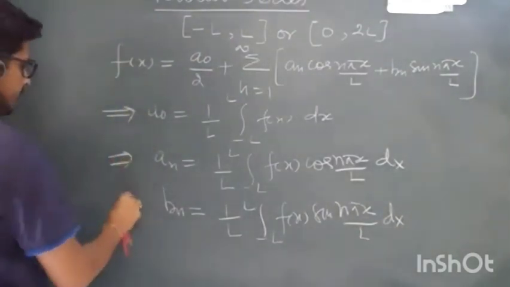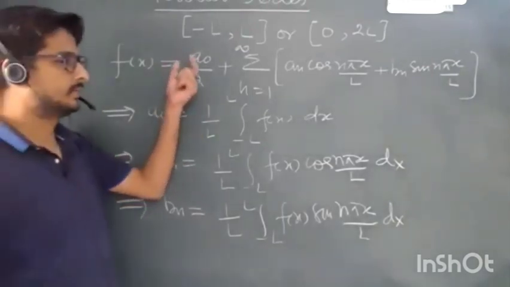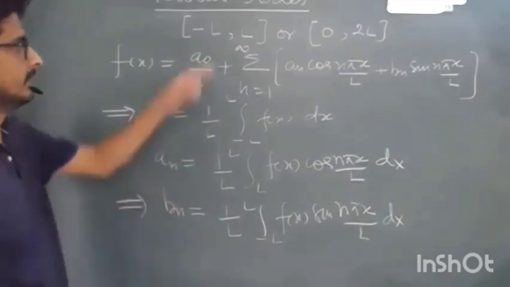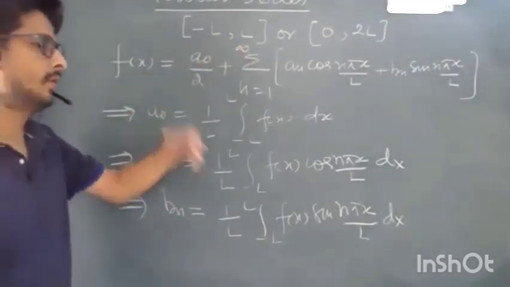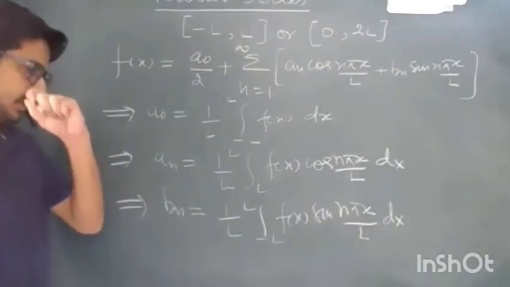Check this. If you put L is equal to pi, this will become minus pi to pi and your old formulas will be recovered. You can see by putting L is equal to pi, your old formulas are recovered. So now this full series formula you know.